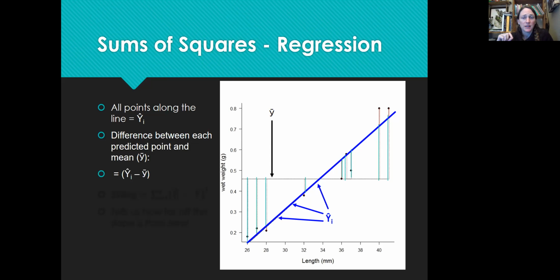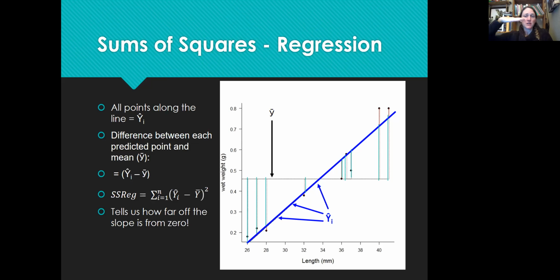So if we subtract y hat sub i minus y bar, then we get what's called the sums of squares for the regression. It's the sum from i equals 1 to n of every predicted value y hat sub i minus the mean, squared. And this tells us how far off that line is from 0.